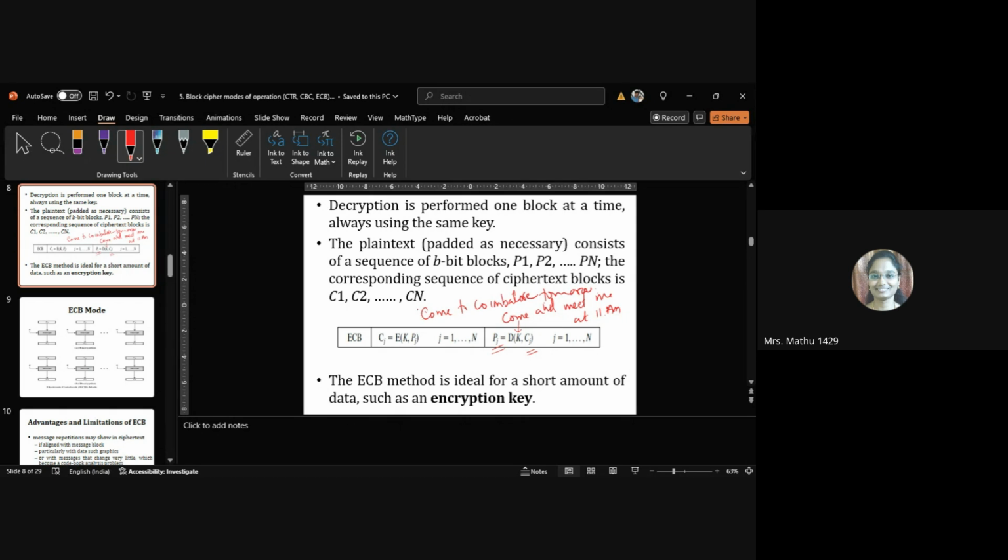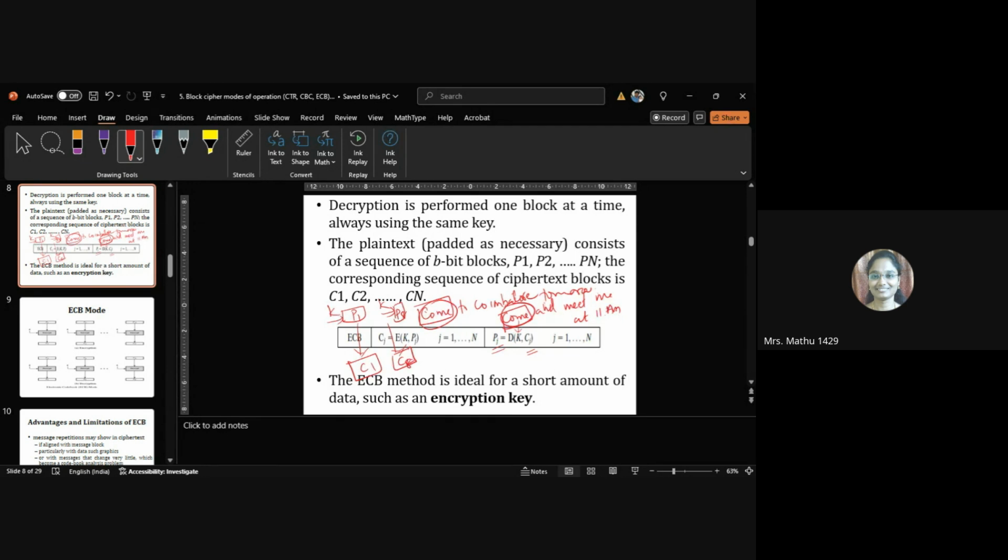Now this message will be converted into blocks. If this word "come" repeats and gets into two different blocks, for example P1 and P8, your ciphertext will also be the same, since you give the same key to both plain text blocks and receive the same ciphertext.